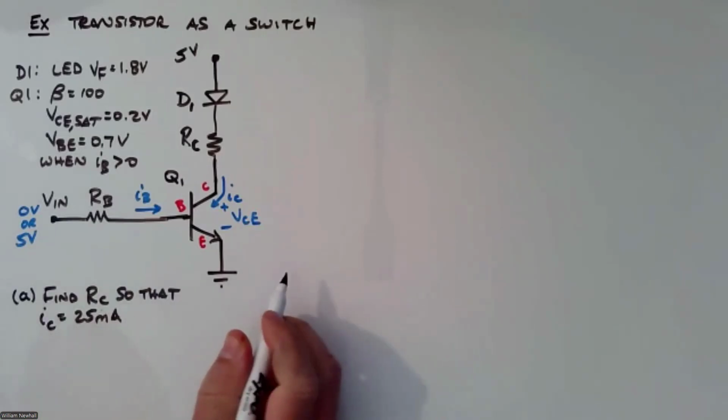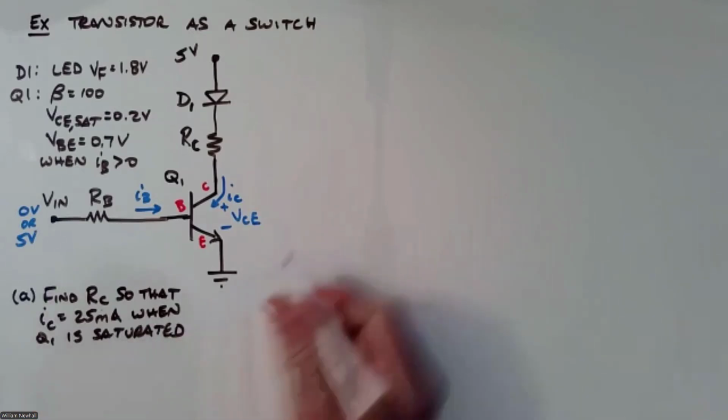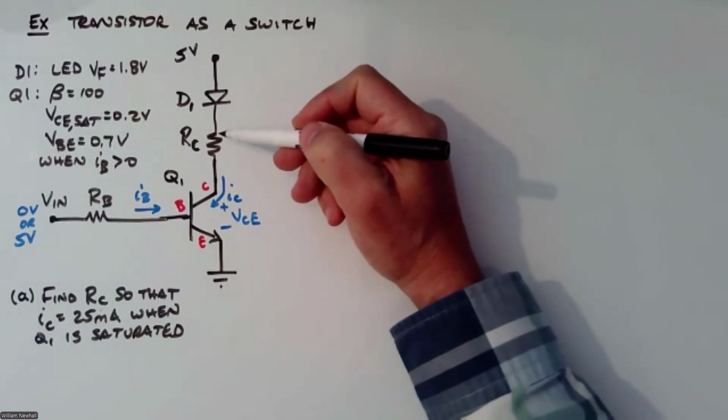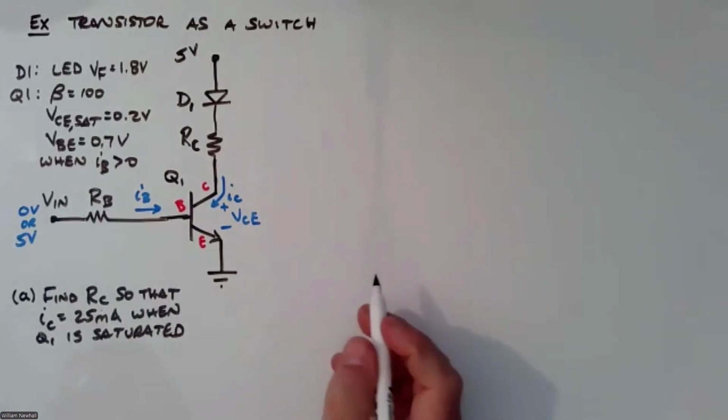IC equals 25 milliamps, not amps, when Q1 is saturated. Okay, so we've got to figure out the value of that resistor there.